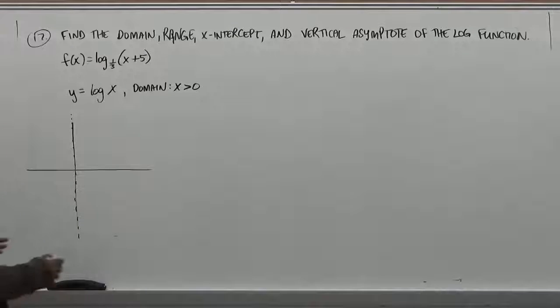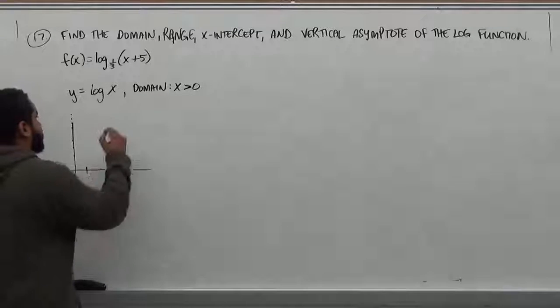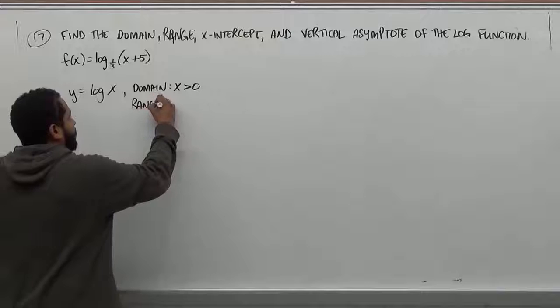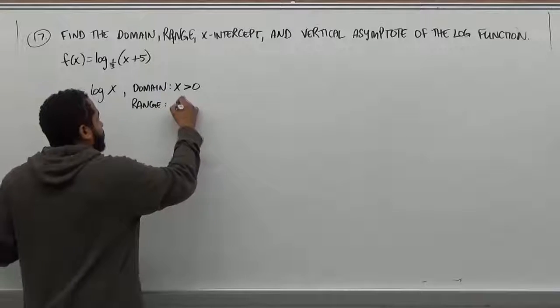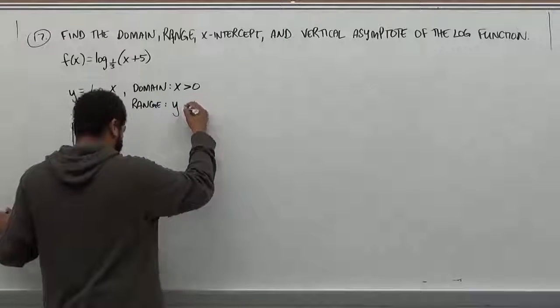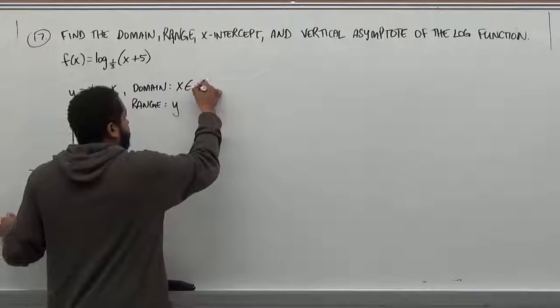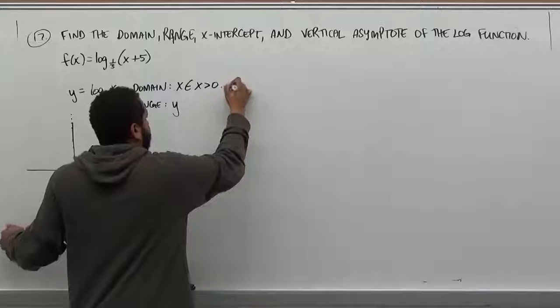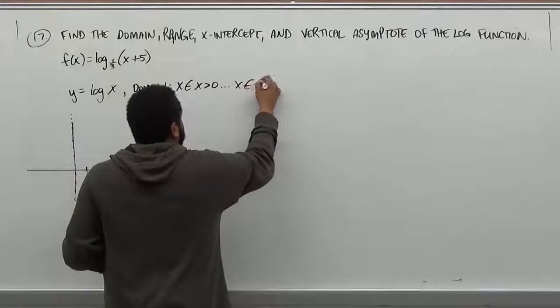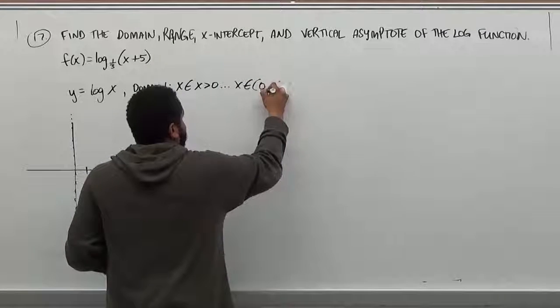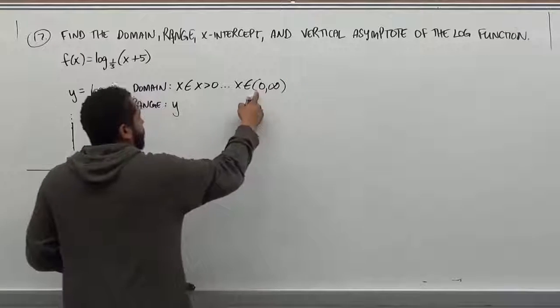Now the range of the log function is always going to be all values. Here we see x belongs to x being greater than 0, which in turn becomes x belongs to 0 to infinity, open parenthesis.